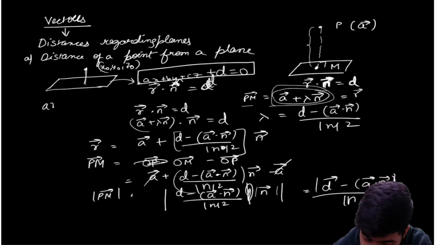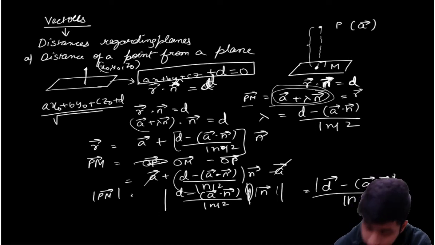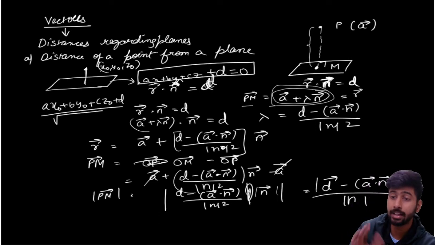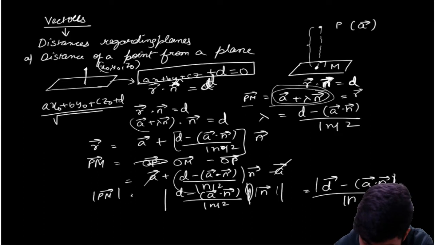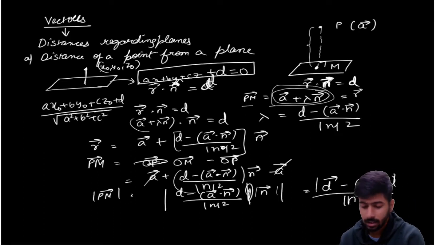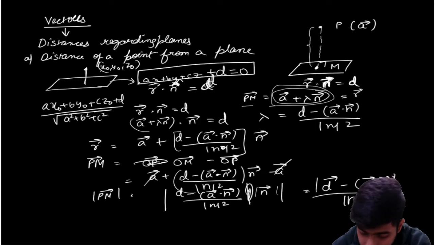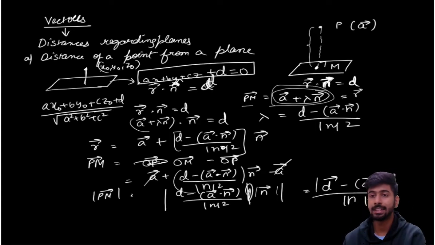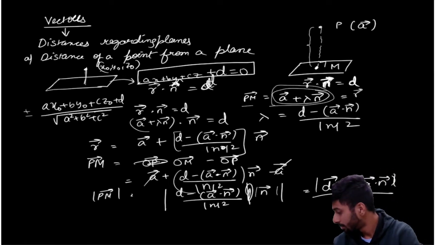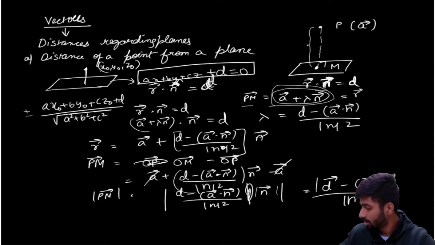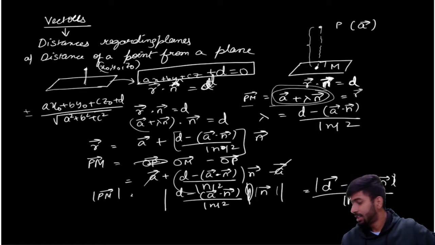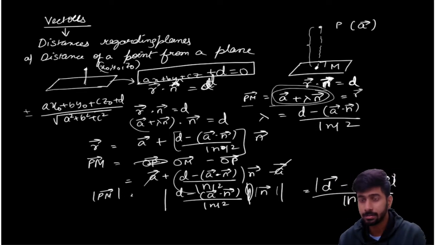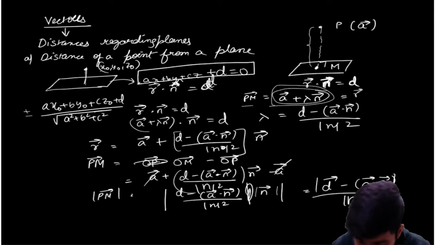So essentially compute a x naught plus b y naught plus c z naught plus d, and then divide by the magnitude of the vector along the perpendicular, that's nothing but the square root of a square plus b square plus c square. Essentially you can have a plus or minus here, but ultimately if you just need the distance, it's the mod of this. So that's essentially the distance of the point from the plane. This is the constant that you see here.